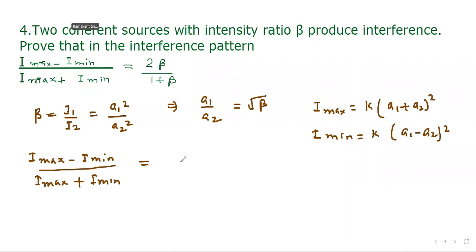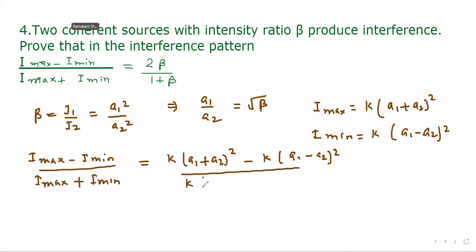Now we put the values: k times (A1 plus A2) whole square minus k times (A1 minus A2) whole square divided by k times (A1 plus A2) whole square plus k times (A1 minus A2) whole square.